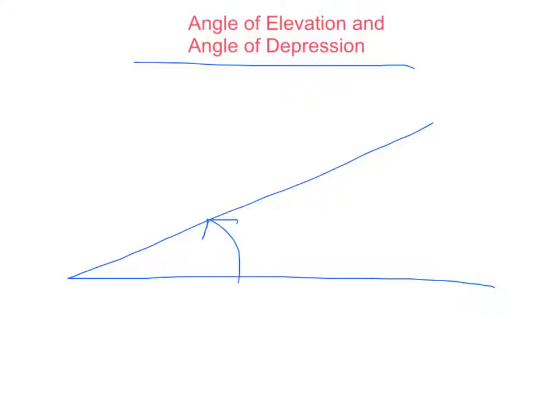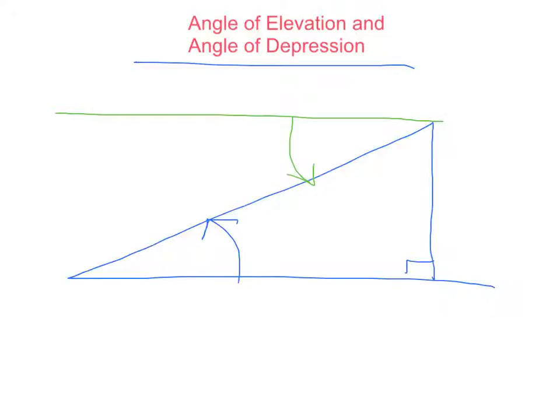Now, one thing you also need to remember is that the angle of depression will start up here and come down like this. So the angle of elevation and the angle of depression are alternate interior angles, so they are congruent. Whenever we're dealing with a word problem, we will usually be dealing with a right triangle, not always, but for the most part.